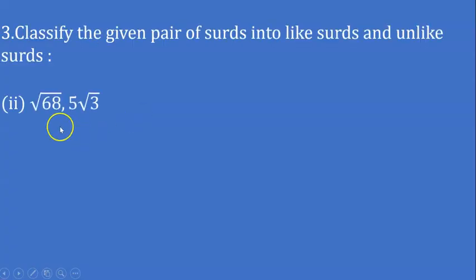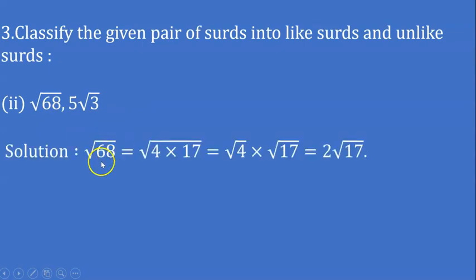Next example, root of 68 and 5 root 3. Root of 68 can be written as root of 4 into 17, root of 4 into root of 17, root of 4 means 2, so 2 root of 17.